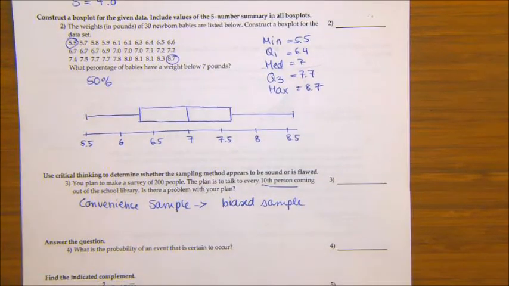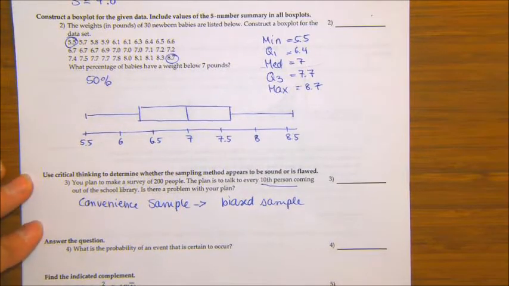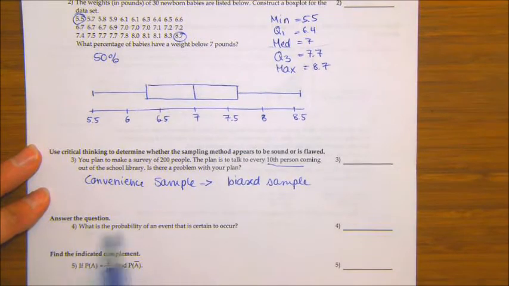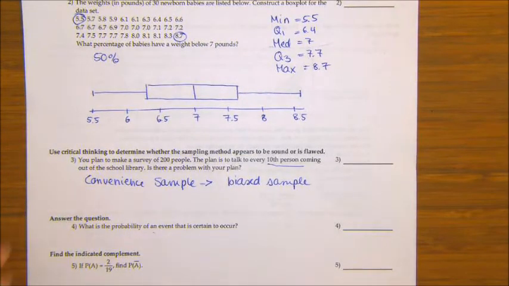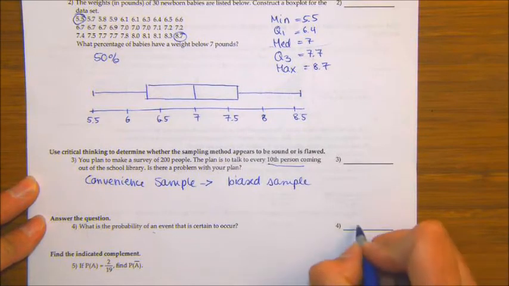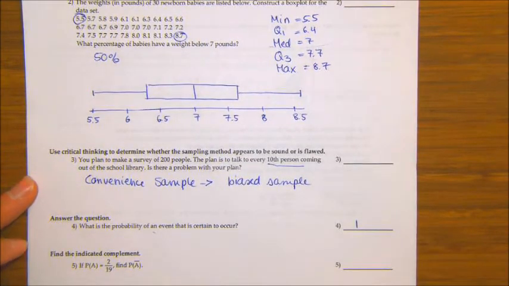We don't have a random sampling method. Okay, what's the probability of an event that is certain to occur? Well, if it's certain to occur, that means it happens for sure, and the probability of that is equal to 1. If P of A is 2/19, find the probability of the complement.